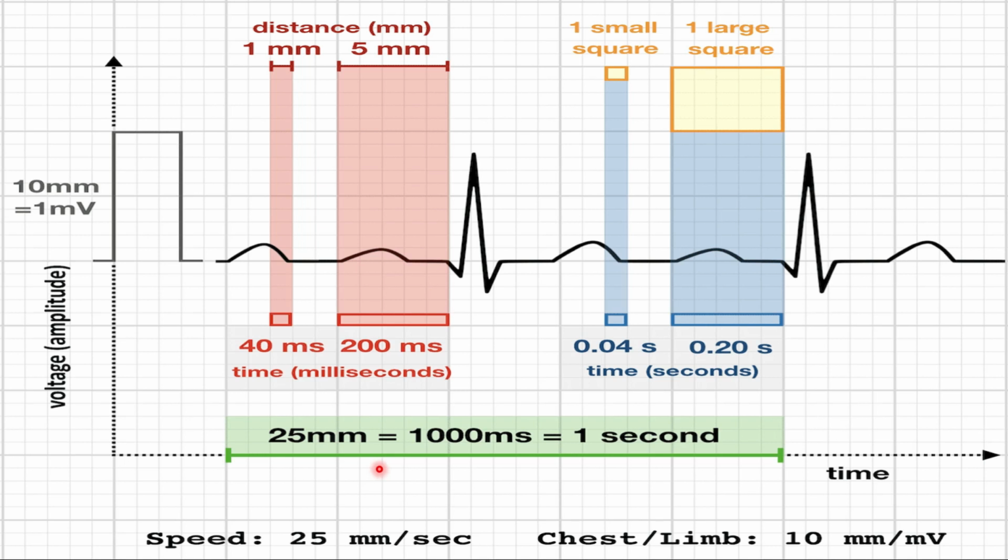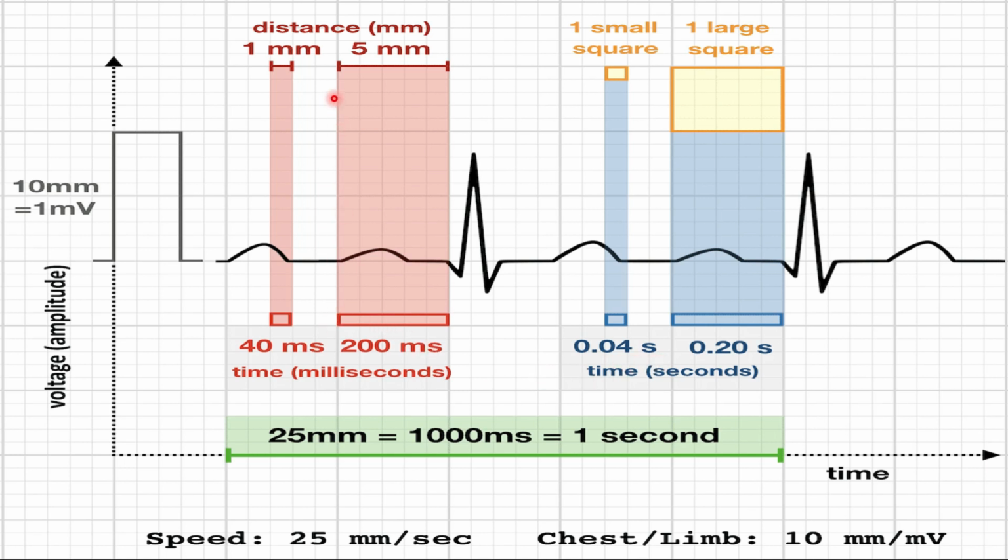Now, this is a standard ECG paper which shows time on horizontal axis, while voltage on vertical axis. As I told you, one small square is equal to 40 millisecond or 0.04 second.